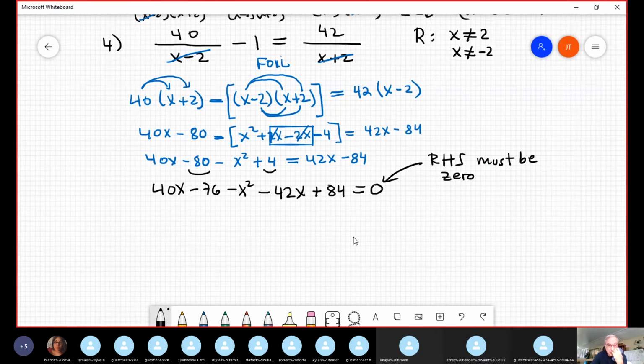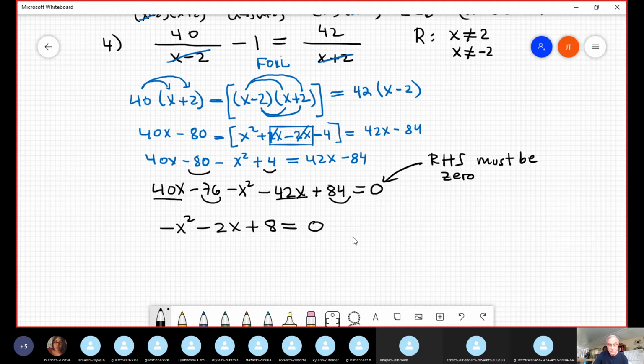So I copy in this order: minus x squared, the quadratic, in the first place. We combine like terms: 40x minus 42x is minus 2x. And 84 minus 76 is 8, plus 8.